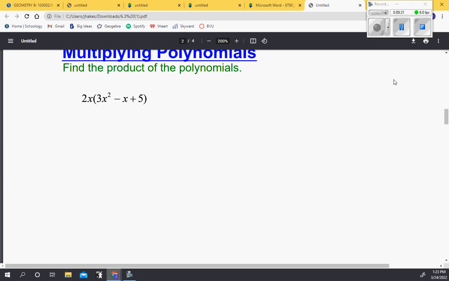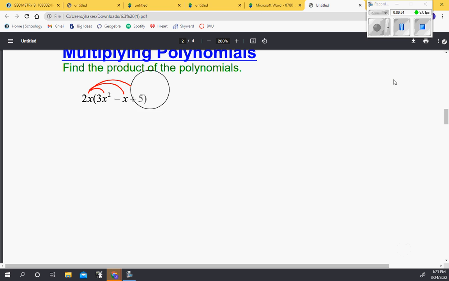Find the product. Okay, now we're multiplying. This 2x is in front of the parentheses 3x squared minus x plus 5. Every time we see parentheses and numbers outside, we think distribute. So we have to take this 2x and distribute to every part inside that parentheses.